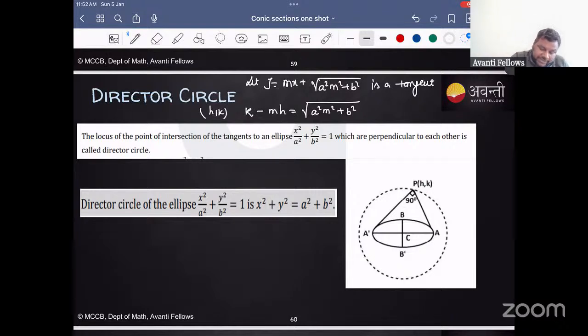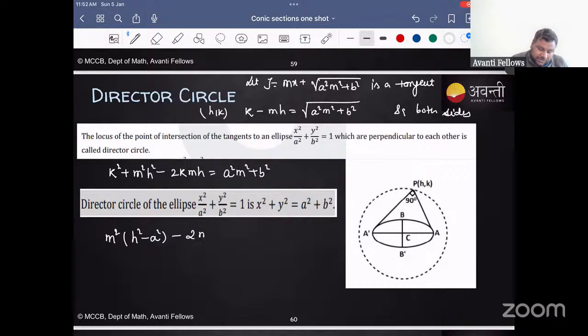Now square both sides. If you square both sides, you get k square plus m square h square minus 2kmh is a square m square plus b square. So it comes out to be m square into h square minus a square, minus 2mhk, plus k square minus b square equals to 0. Now its roots are m1 and m2.